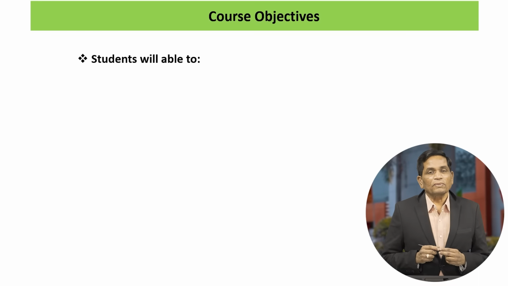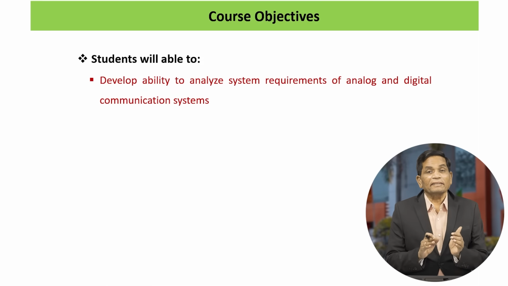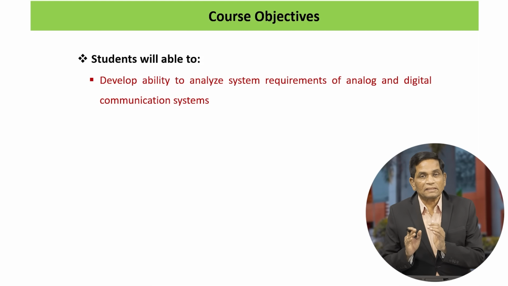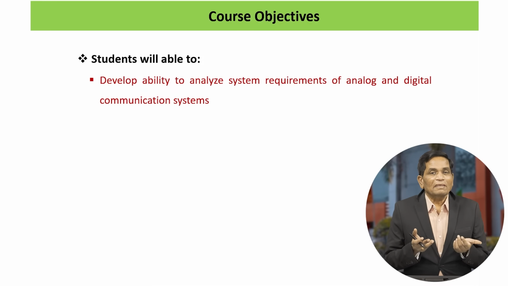First I am talking about the course objectives. You should be in a position to analyze what the requirements of analog and digital communication systems are. What is the basic requirement? You know very well, I want to transmit an audio signal, video signal, or binary data.